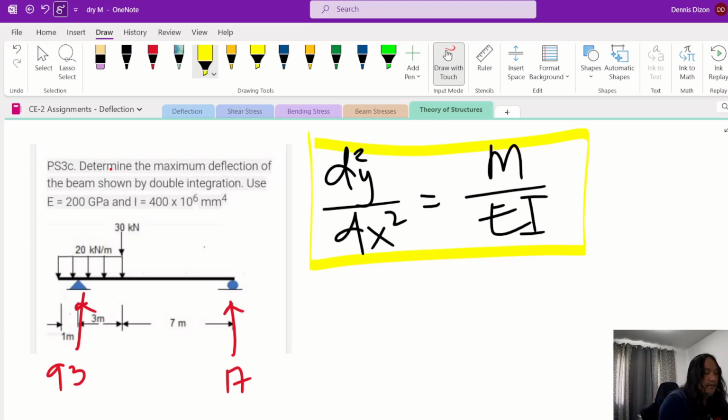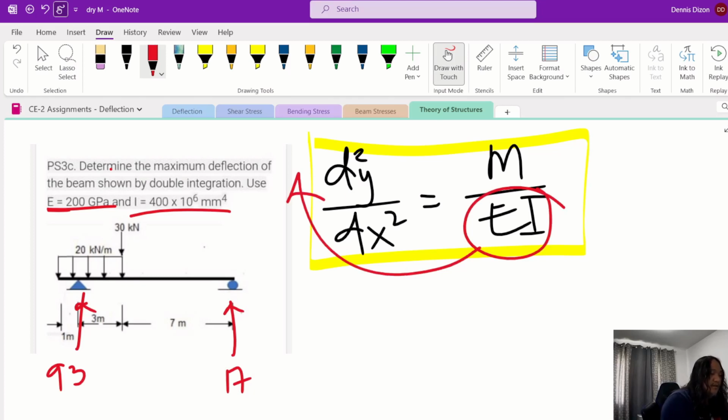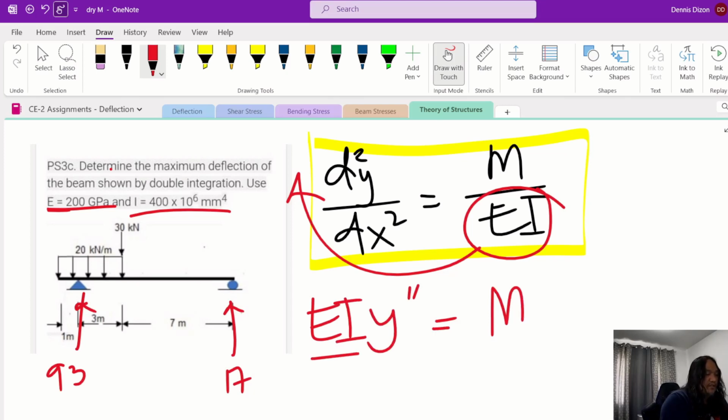Now EI, the modulus of elasticity and the moment of inertia, is constant over the entire span, so we can transpose this one, and our equation would be EI y double prime is equal to your moment. There are times that if the flexural rigidity, this term EI, is not constant, then you will include that in the equation.